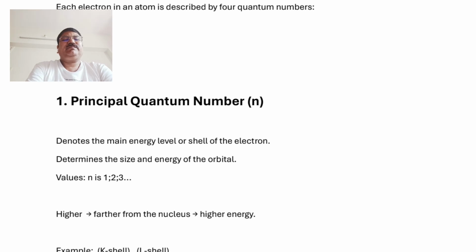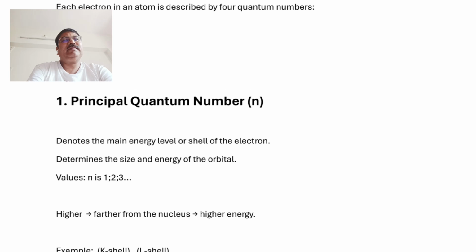It explains the main energy level or shell of the electron. It also determines the size and energy of the orbital, and it is expressed by whole number values. n is always equal to 1, 2, 3, 4 in this manner.